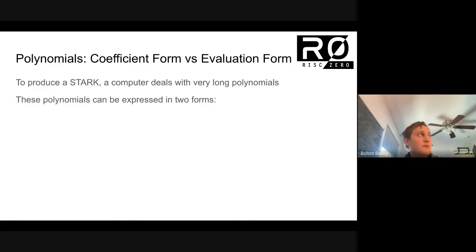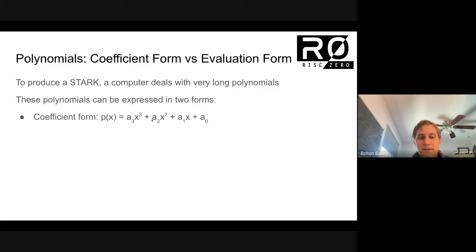There are basically two ways to write down a polynomial. One way is the more traditional way that you're probably familiar with: you write it down in coefficient form. So I can say I have a polynomial p(x), and that's a3x^3 + a2x^2 + a1x + a0.